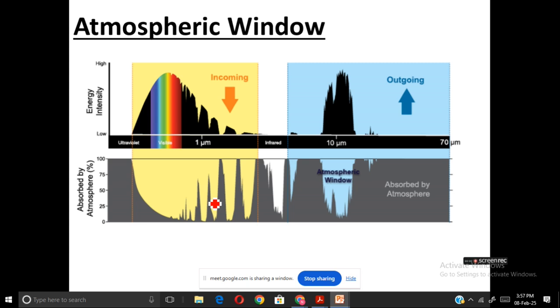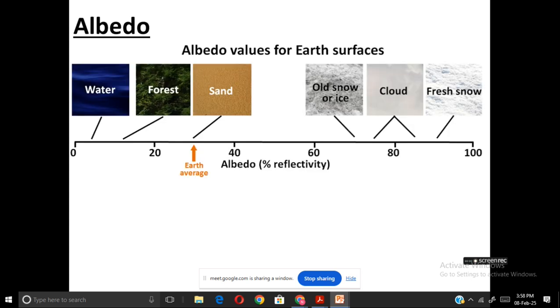Some of the incoming energy is absorbed by the atmosphere, whereas most of the IR energy emitted by the earth is absorbed. So mostly the visible region is the atmospheric window, where the atmosphere is almost transparent to the radiation, whereas it absorbs most of the radiation which falls in the IR region, or the outgoing long wave radiation. The atmosphere is totally opaque to the outgoing long wave radiation, and is totally transparent to the incoming short wave radiation.